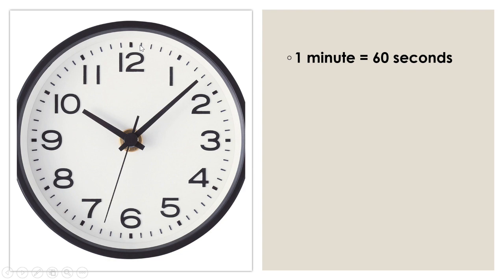Mind you, this is the minutes hand and the time taken by it to reach the next division is 1 minute. For the seconds hand, the time taken to reach the next division was 1 second. And for a minute's hand, the time taken to reach the next division is 1 minute.